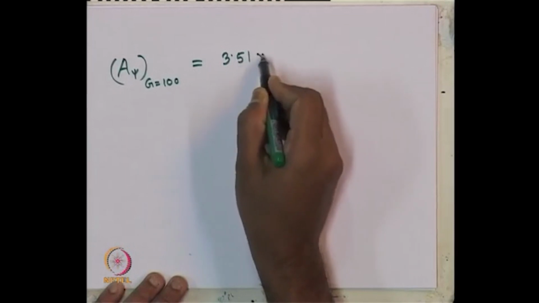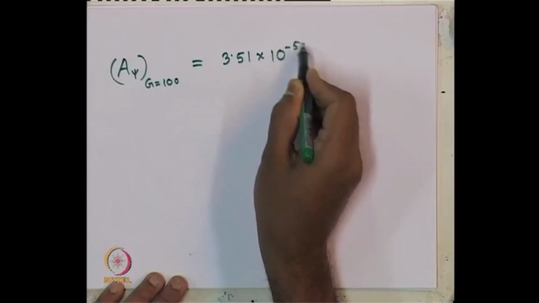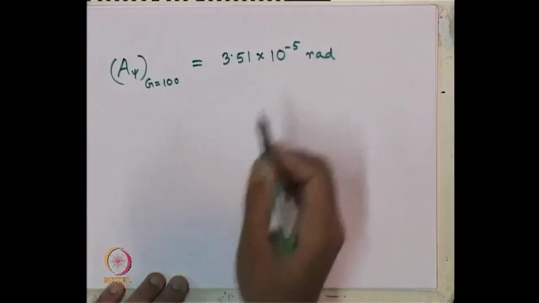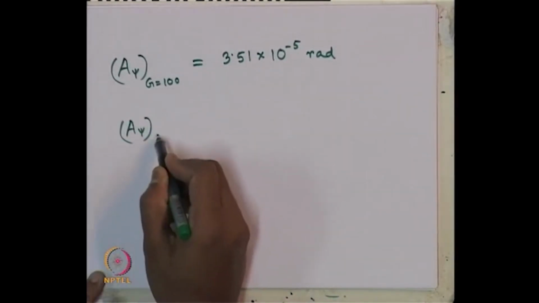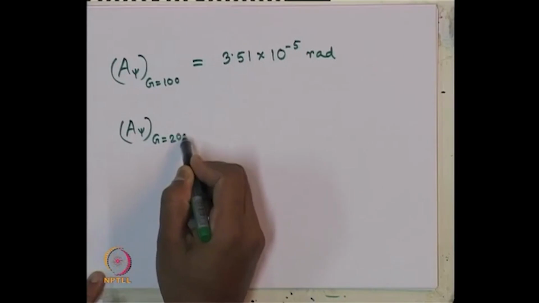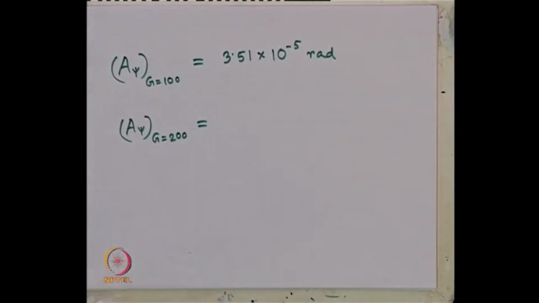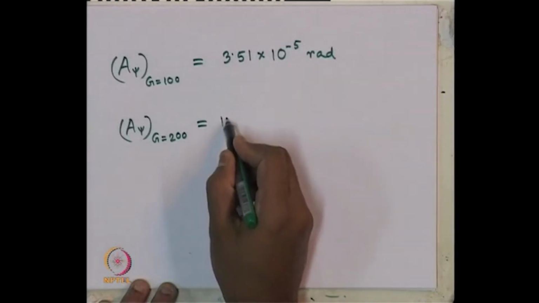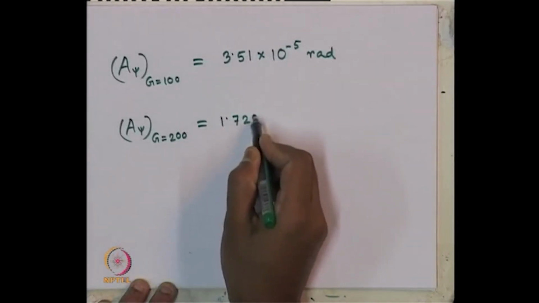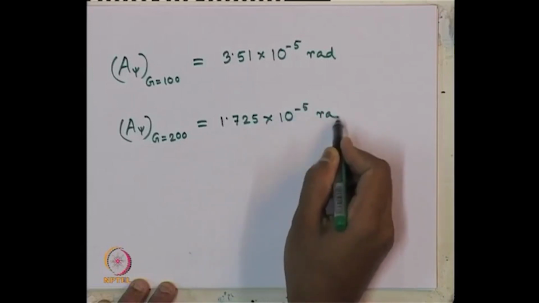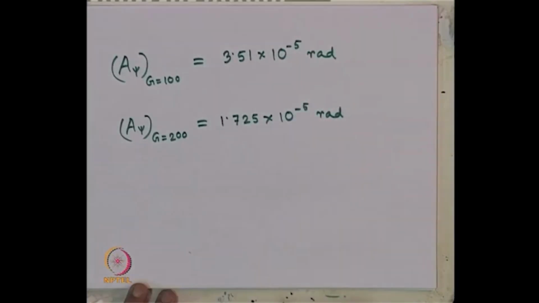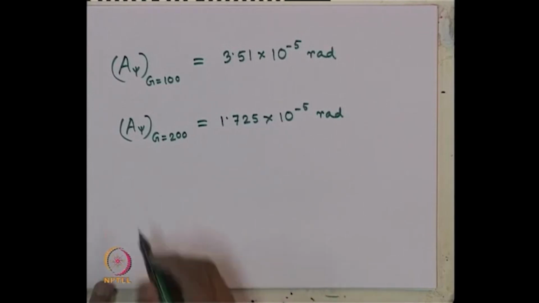It is coming 3.51 into 10 to the power minus 5 radian. And for third type of soil, A psi with G equals 200 kg per centimeter square, it is coming 1.725 into 10 to the power minus 5 radian. Okay? So, that is for constant force type excitation.